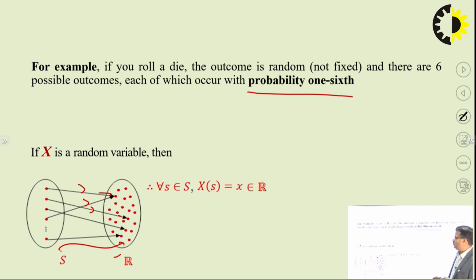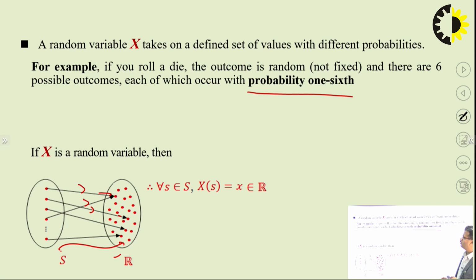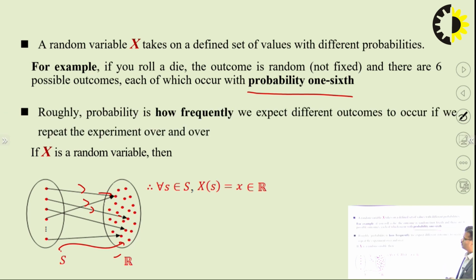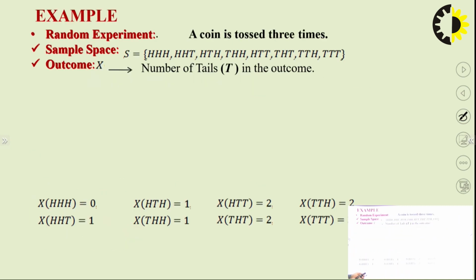That is our random variable. So random variable X takes a definite set of values with different probabilities. Okay. So roughly, probability means what? How frequently we expect different outcomes to occur if we repeat the experiment over and over.